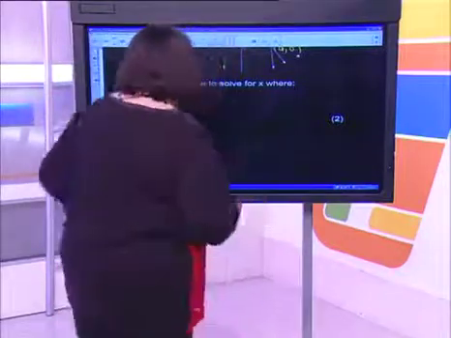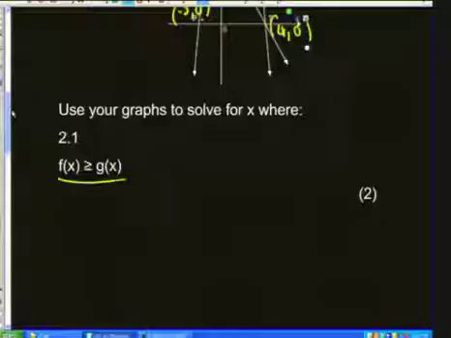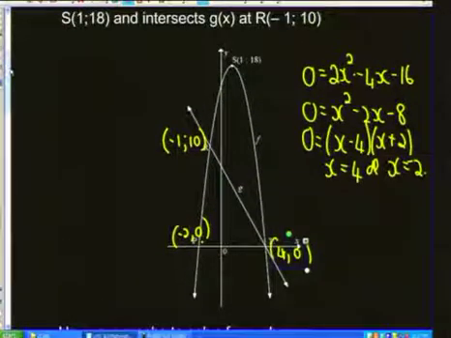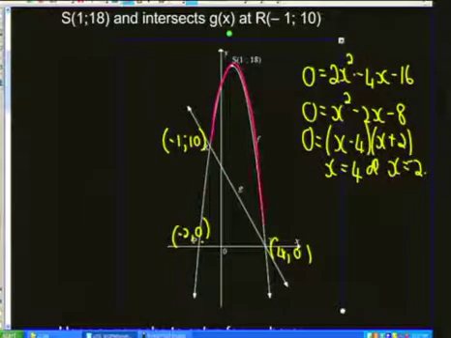So if we go back to our drawing, and let's take a color and highlight it, where is f, which is the parabola, above g, which is the straight line? And we can see it here very clearly. So how would we describe that? Well, if we look here, the x values start at minus 1 and end at 4.